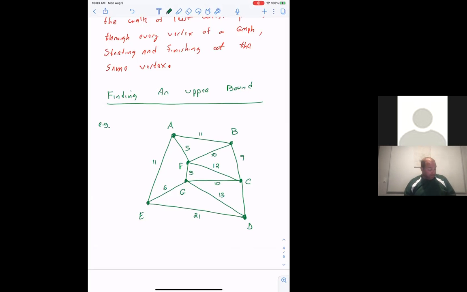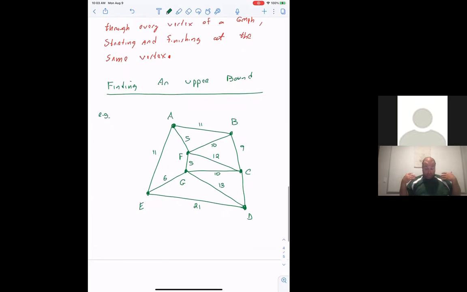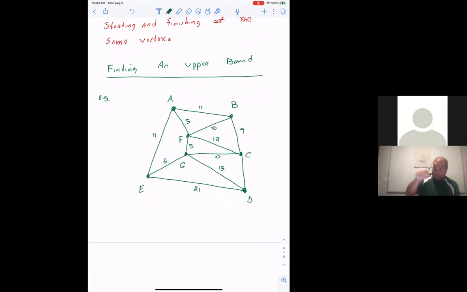So how do I find an upper bound? Well, one way is just to pick any order of vertices that connect and hit every vertex. For example, I'll do the one the book does. A goes to B, goes to F, goes to C, goes to D, goes to G, goes to E, and back to A. That hits every vertex.